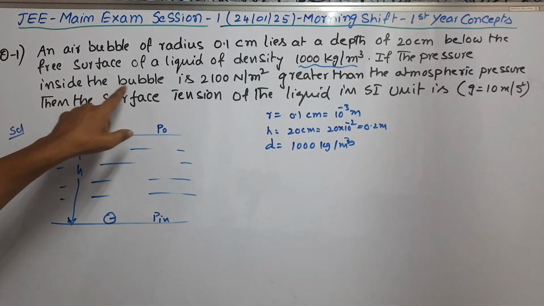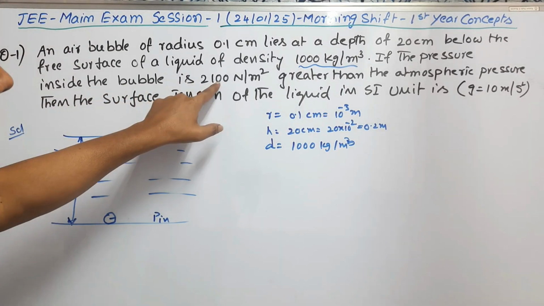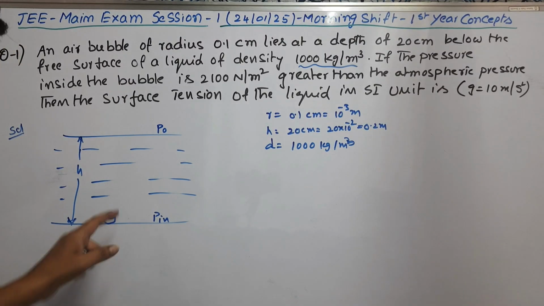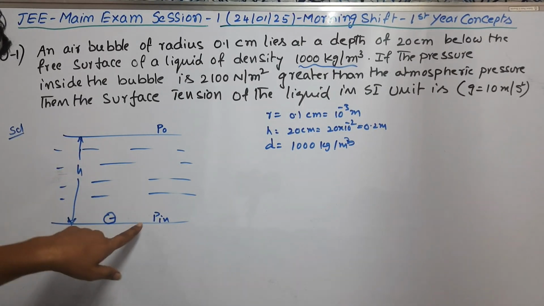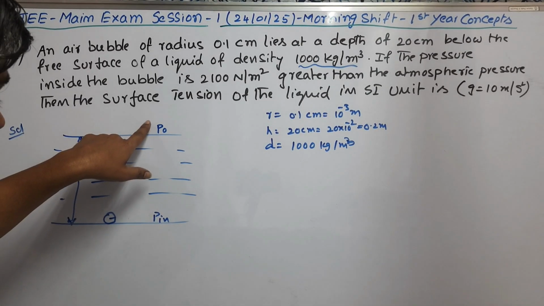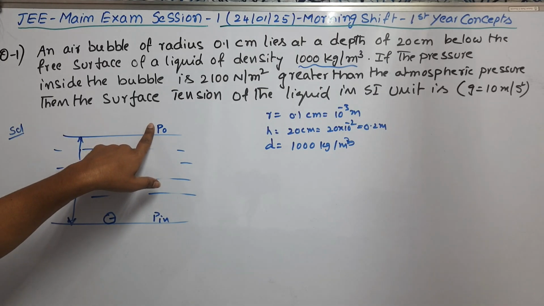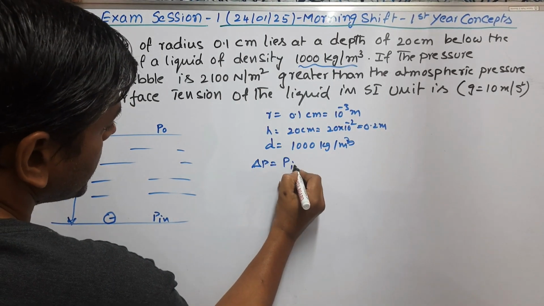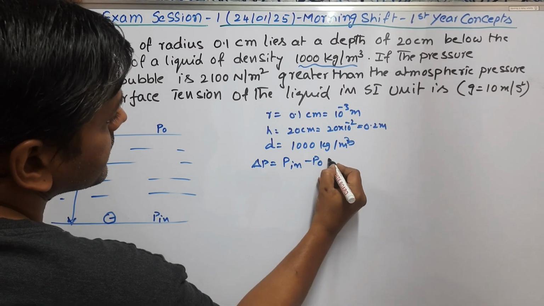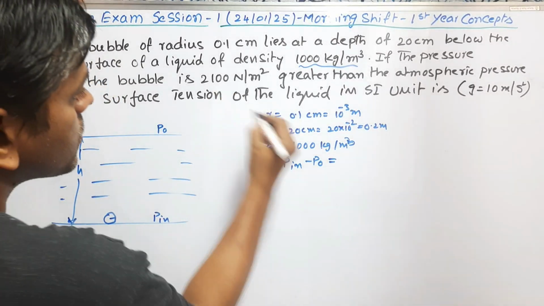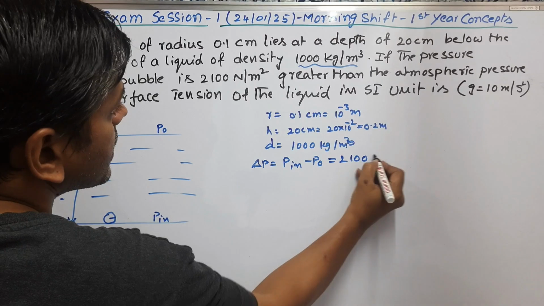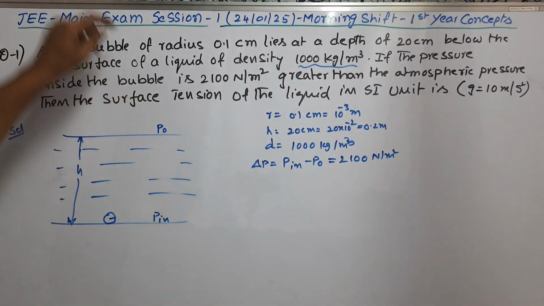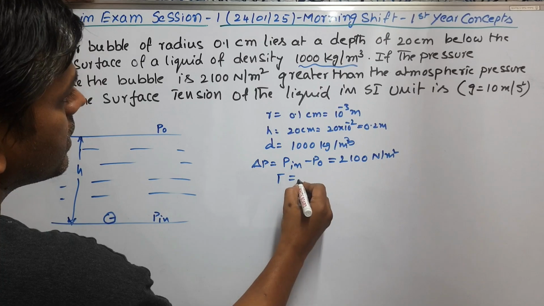If the pressure inside the bubble is 2100 Newton per meter square greater than the atmospheric pressure, that means delta P is equal to P in minus P naught, which is 2100 Newton per meter square. This is given.